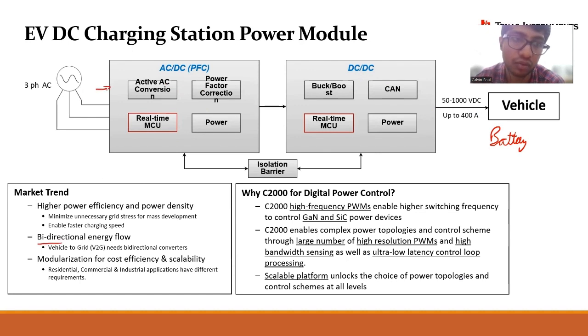That is, the power can flow from here to here, which is known as charging your battery. And it can also flow like this from here to here, delivering power back to the grid. So these are all possible, and this is an area in which research is going on.